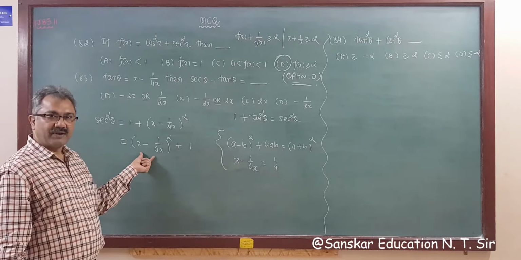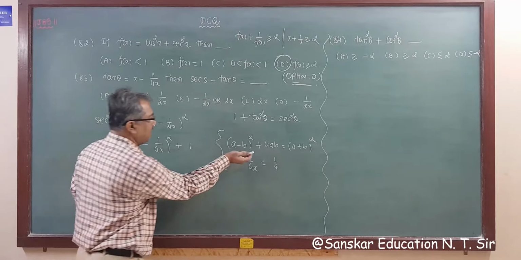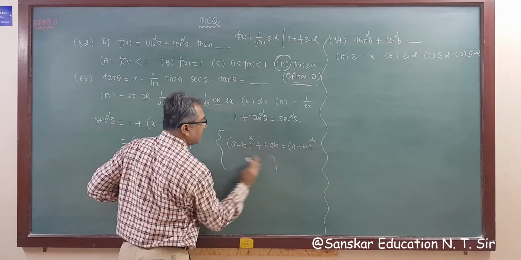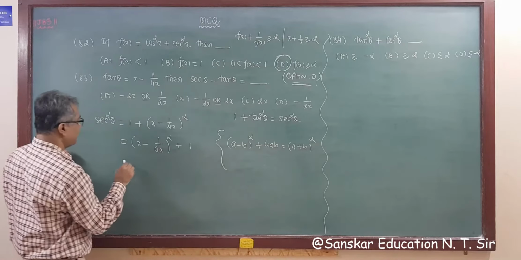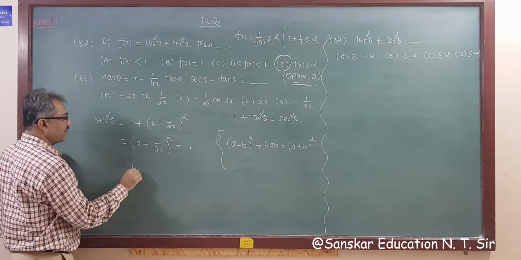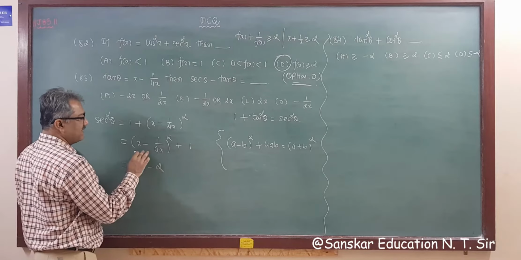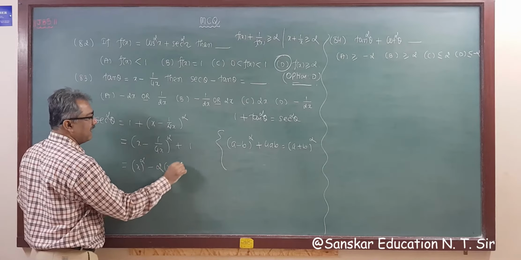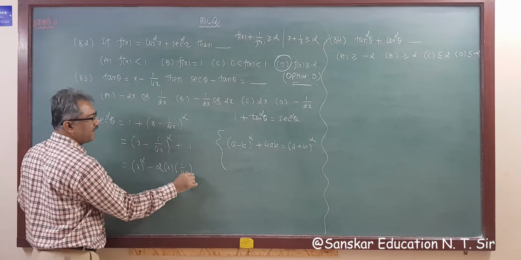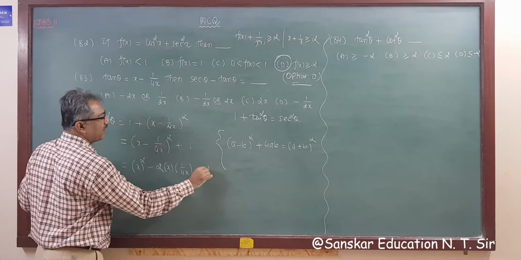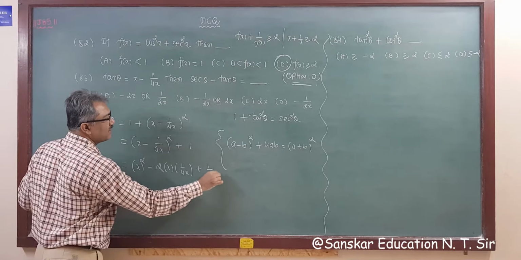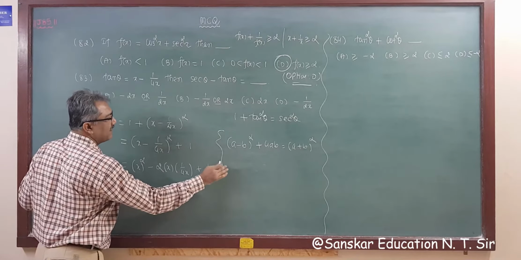Either if you don't know this thing, then forget this thing. I don't want to do this. Expand this. If we expand this, what do we get? x square minus 2 times x into 1 upon 4x, plus (1 upon 4x) whole square, and this is plus 1.